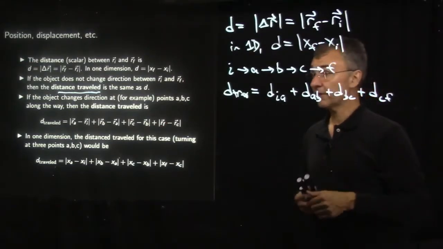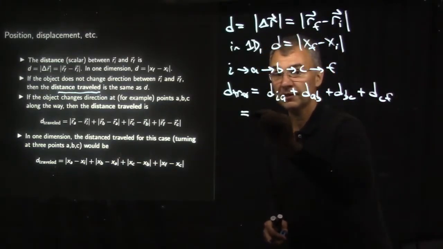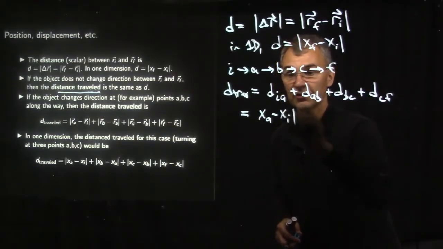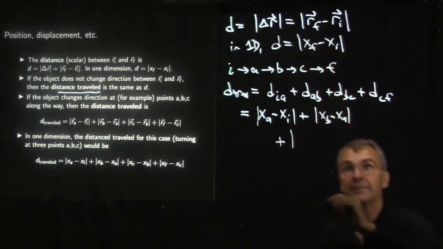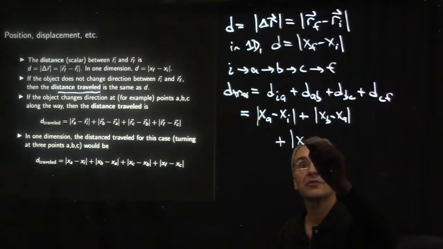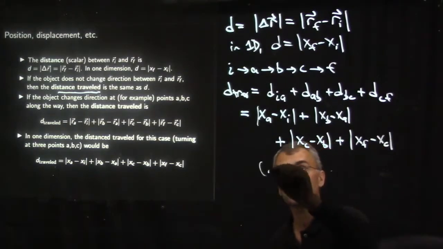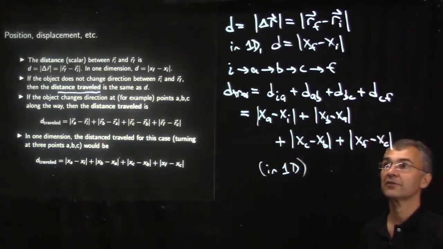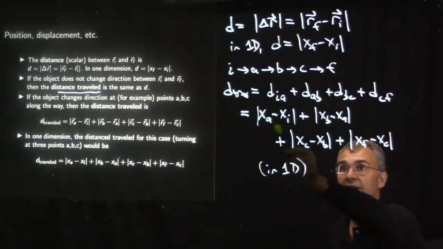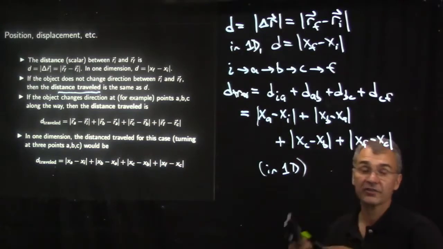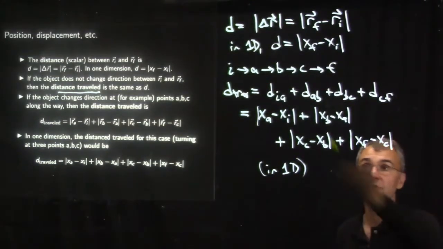Now, we're going to be working in 1 dimension for a while. So in 1 dimension, the distance traveled for this case would be the absolute value of x A minus x initial, plus the absolute value of x B minus x A, plus the absolute value of x C minus x B, plus the absolute value of x final minus x C. So the distance traveled in 1 dimension, assuming that we change direction at points A, B, and C, is you add those 4 magnitudes together.